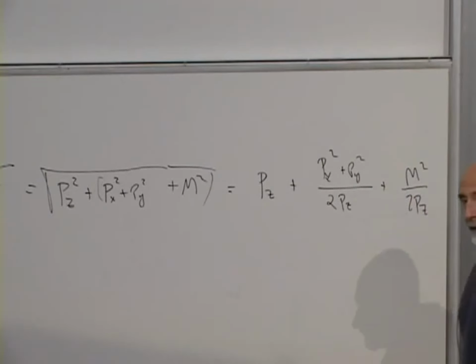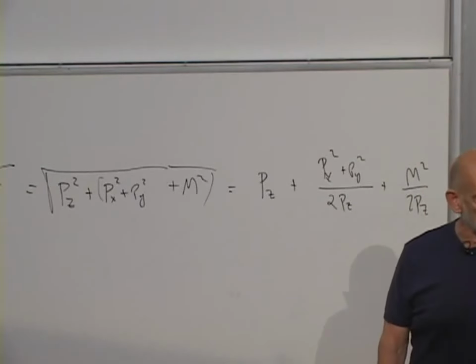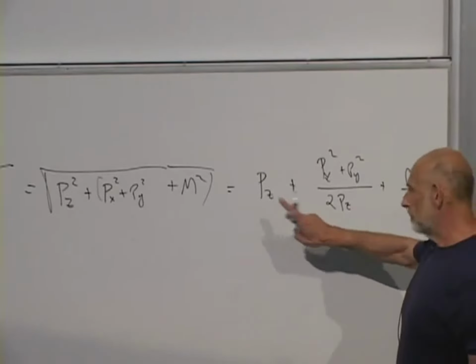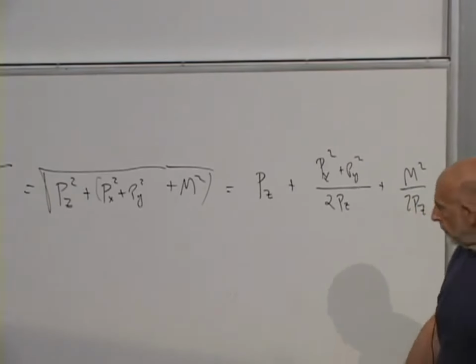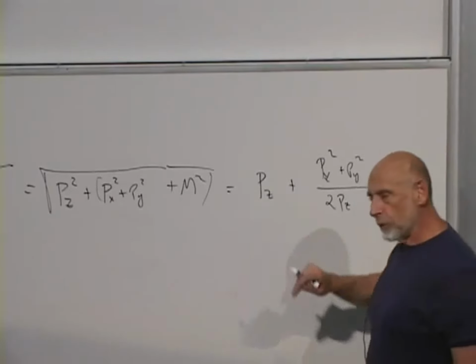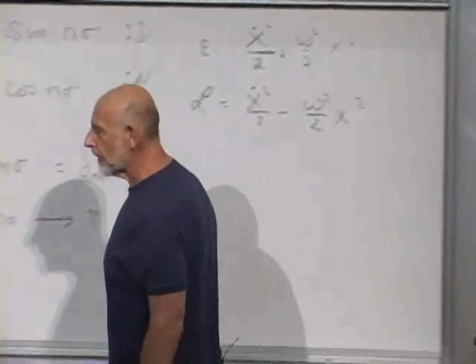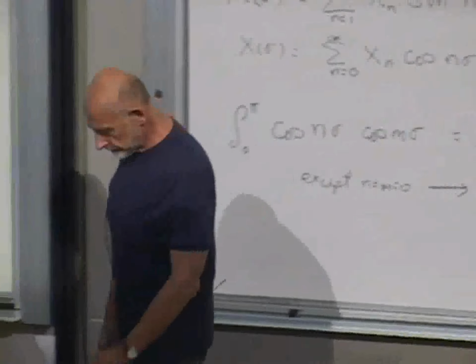Now, the first thing is, this does not look like it has a good limit as pz gets large. First of all, it gets infinite. But what is this infinity?